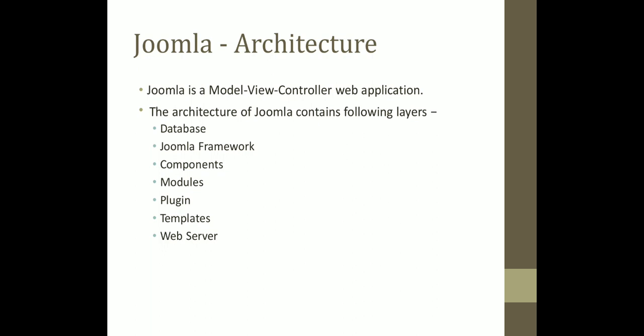The fifth part of this architecture is the plugin. This is also a kind of Joomla extension. It is very flexible and powerful for extending the framework. It contains a bit of code that is used to execute a particular event trigger, and it is commonly used to format the output of a component or module when a page is built.